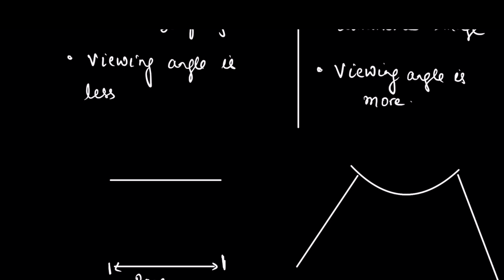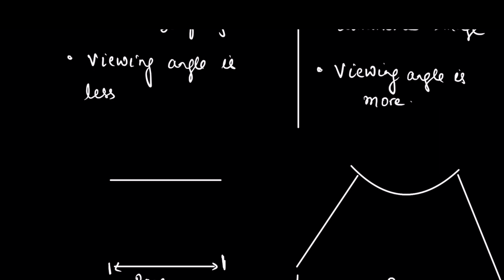Now you see our range increased. So we can see more number of vehicles, but the size of those vehicles will be diminished. But in the plane mirror, we will see less number of vehicles, but those vehicles will be seen in a bigger size. That's why for better visibility, we use a rear view mirror.